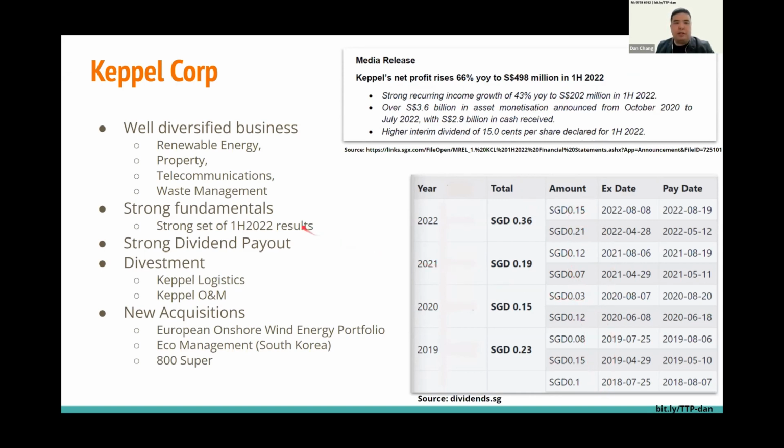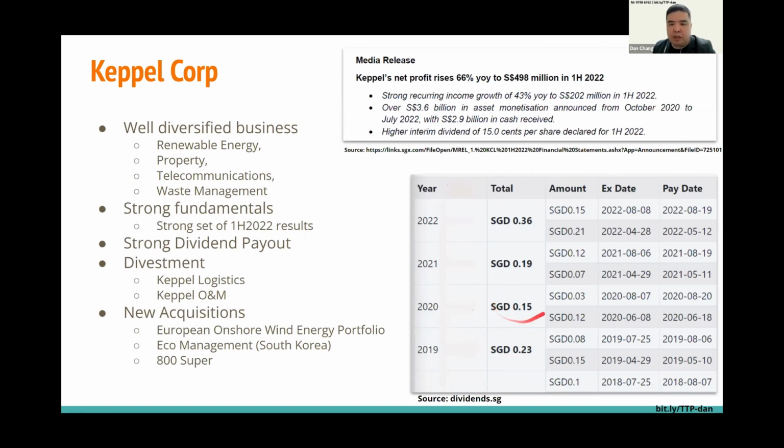So what happened is that this strong set of 1H22 result provides the stability that I'm looking for. The stability and the strong dividend payout is actually my plan B. If you notice, before the pandemic, they still made a profit and they gave out 33 cents.